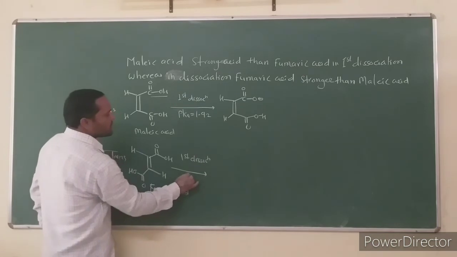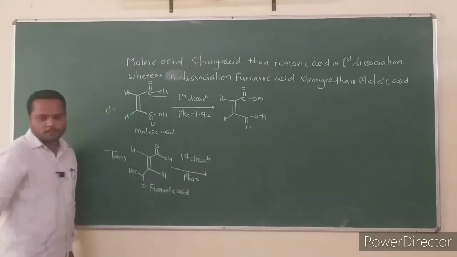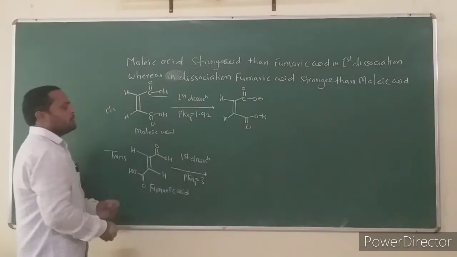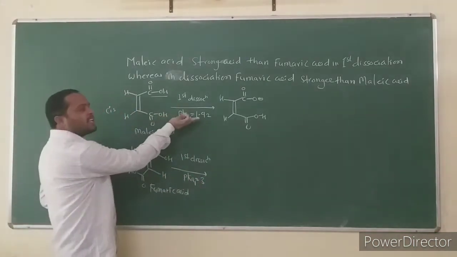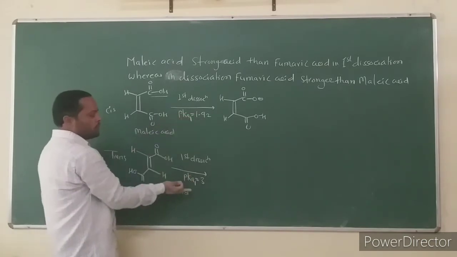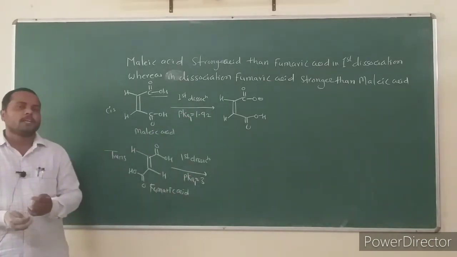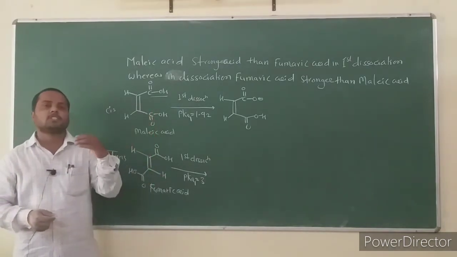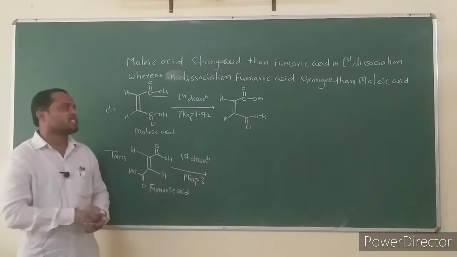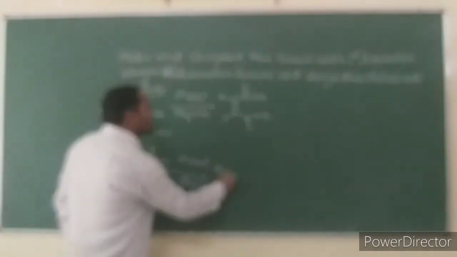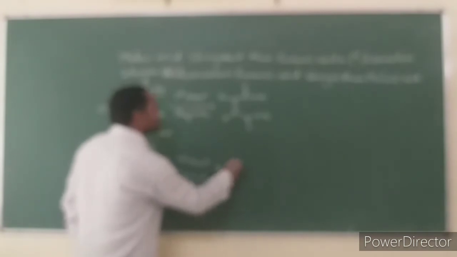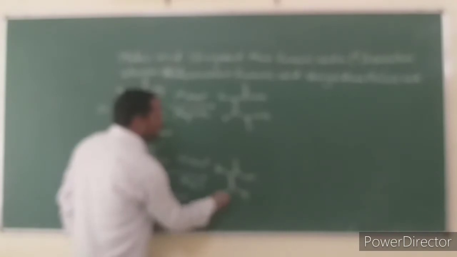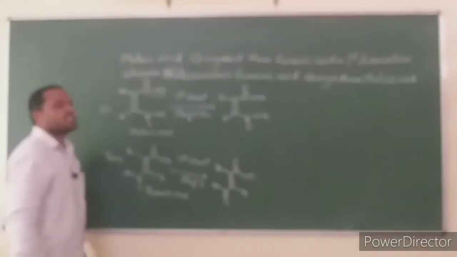In the first dissociation, fumaric acid has pK1 value 3. In the first dissociation, maleic acid has the low pK value 1.92 and fumaric acid has pK value 3. The pK value indicates that in the first dissociation, maleic acid is stronger than fumaric acid. After the first dissociation, fumaric acid gives this conjugate base. There is a formation of this conjugate base like this.